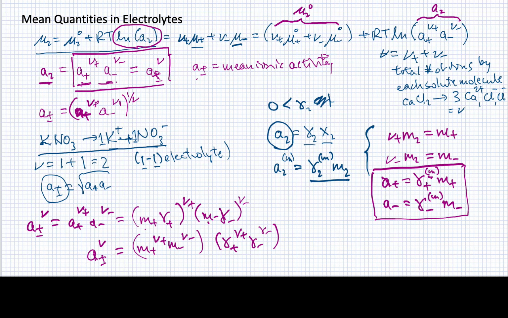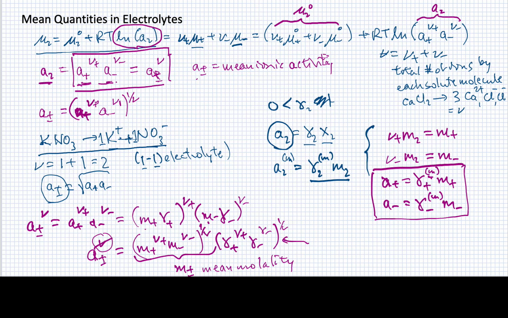Now if I take the Vth root of both sides, I'm going to get rid of this and have 1 over V and 1 over V. Taking the Vth root of both sides, I can now associate this part here with a mean molality. I'll write that out, the mean molality for this ionic solution.